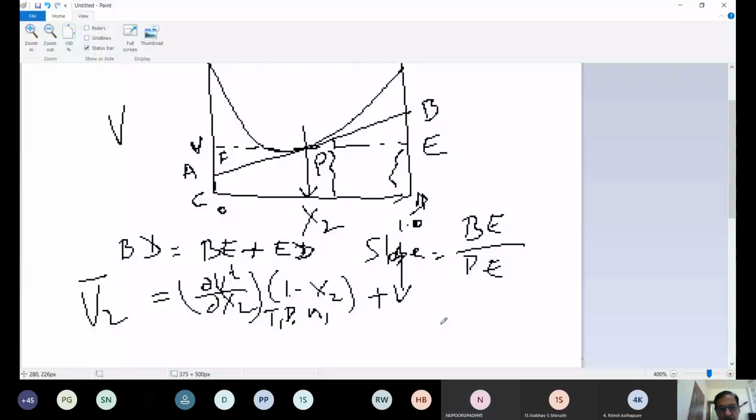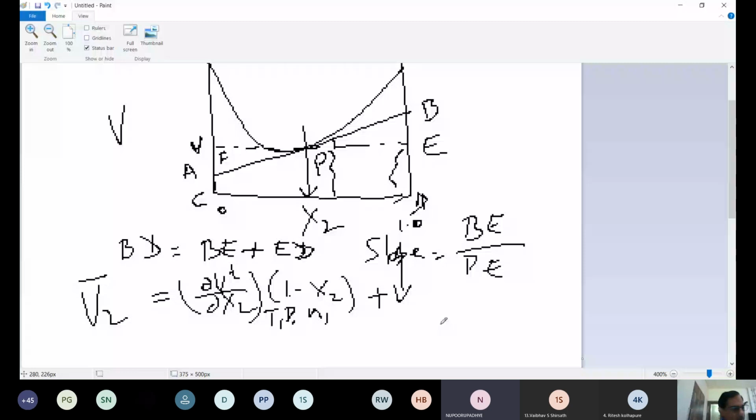First I've added BE. BE is equal to 1 minus X2 into double VT by double X2, and ED is nothing but V. Okay, yes, I get it. ठीक है?